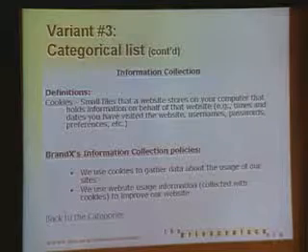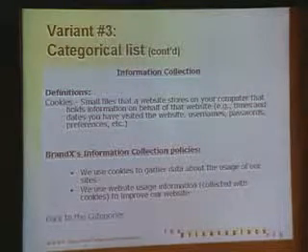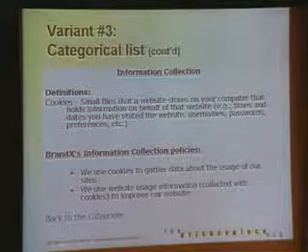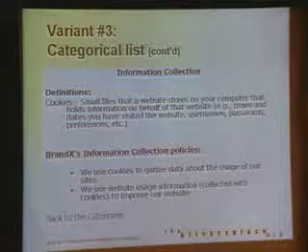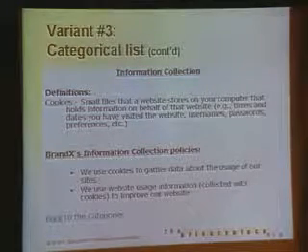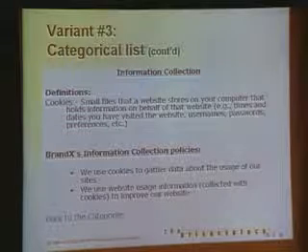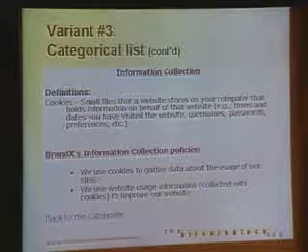And if they were to click on, say, information collection, this is what would appear. They would see definitions if they were needed. And then there would be the actual policies that apply to that particular category. So in this case, the website used cookies to gather data. And so that would be something that fell under information collection.